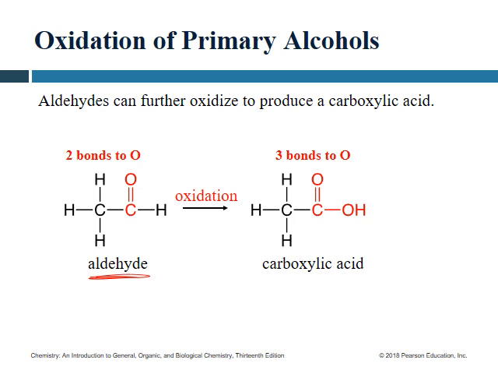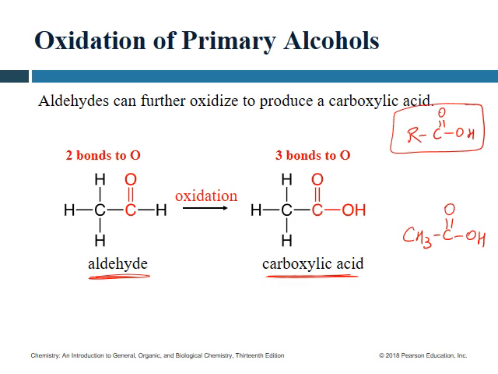This can further be oxidized. How? You could add another oxygen into this and it would form a group which is called carboxylic acid. So this is CH3COOH. This is RCOOH. This group is called carboxylic acid.